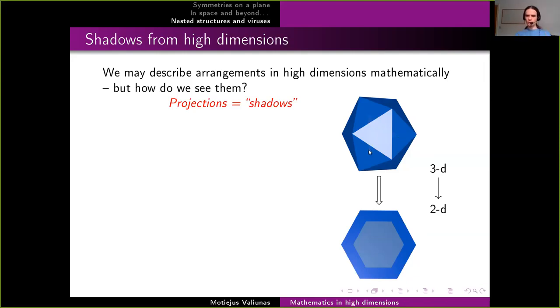When you take a shadow of this thing, what you see is a 2-dimensional thing, what we call a projection: a hexagon in the outer part, and then another hexagon in the inner part. This basically tells us that if we take our higher dimensional thing and project it down, we have some nested structure. So these are 2 hexagons, one sitting inside the other, like some sort of onion structure where layers are nested.